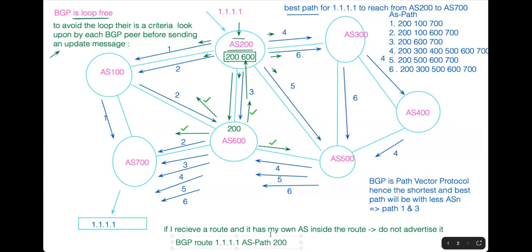This is already there in the routing table. And I'm receiving it from AS 600, which says that it has an AS path 200 and 600. I'm not going to keep that particular route in my routing table. It will be a duplicate entry with the longer AS path. Is it clear to you guys?